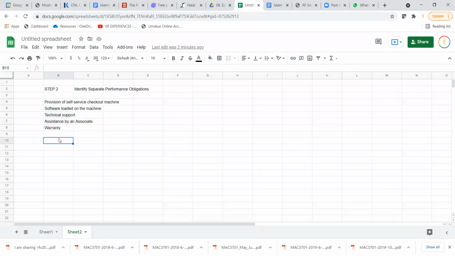IFRS 15 says, in order for each promise to be a separate performance obligation, the items need to be distinct. The good or service promised to the customer needs to be distinct. So that is the first point.